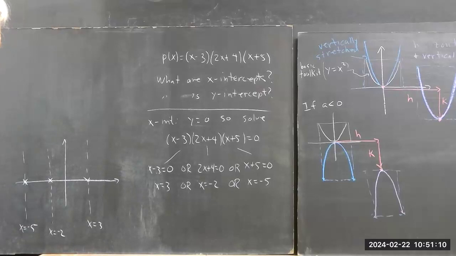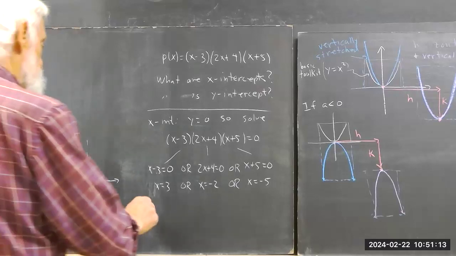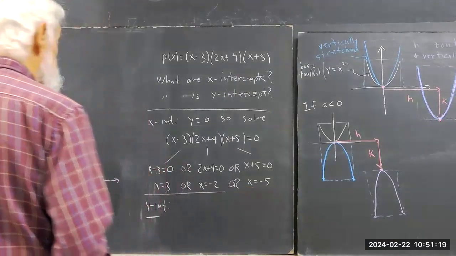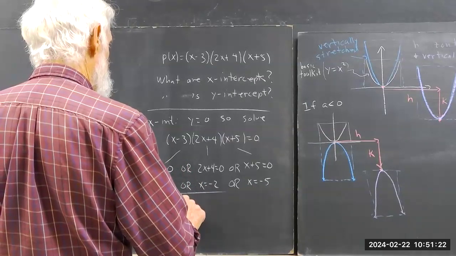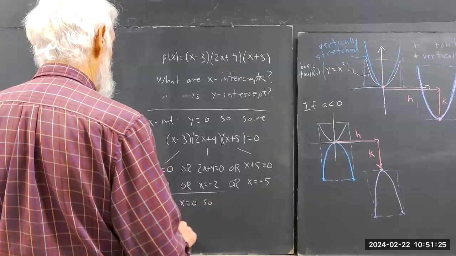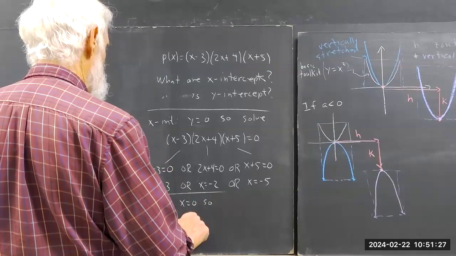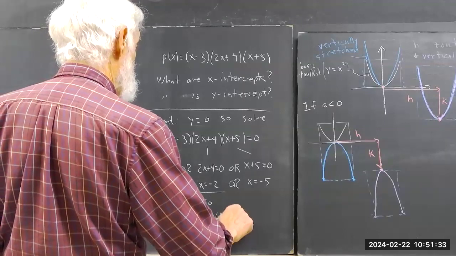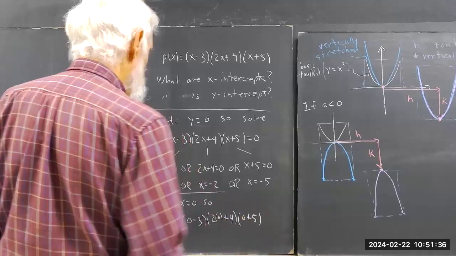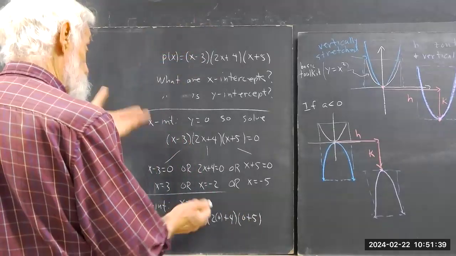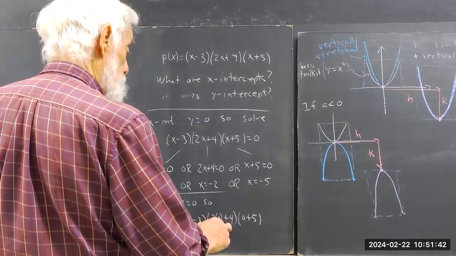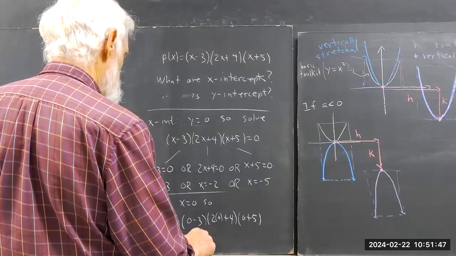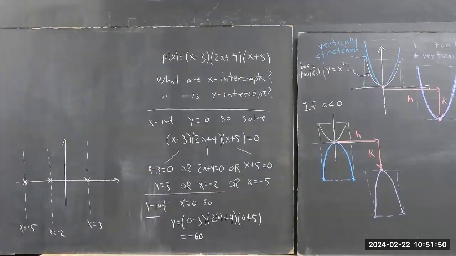Okay. What else? Well, we can find the y-intercept. The y-intercept is when x equals 0. So we just replace all our x's by 0. And we get -3 times 4 times 5. And we find that y is -60.